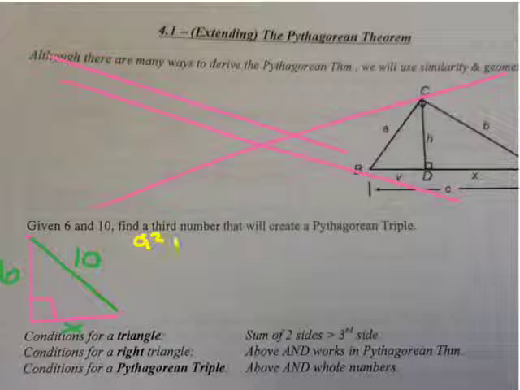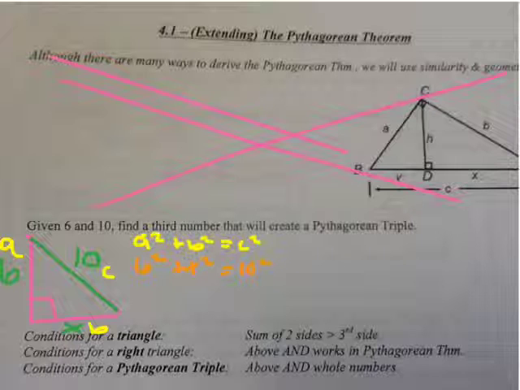A squared plus b squared equals c squared. Okay, and plug it in. 6 is going to represent our a, x is going to represent our b, and c is always the hypotenuse, the diagonal side. So we plug all this information in, we get 6 squared plus x squared, because we don't know what that is, equals 10 squared.